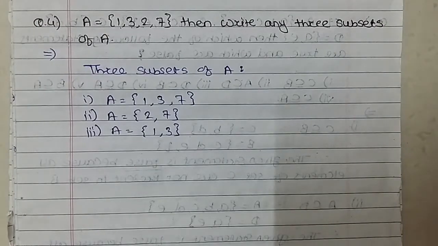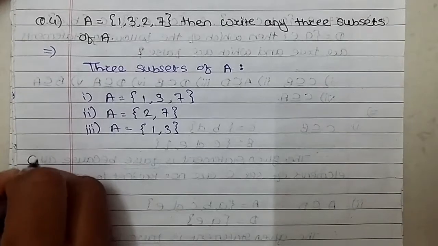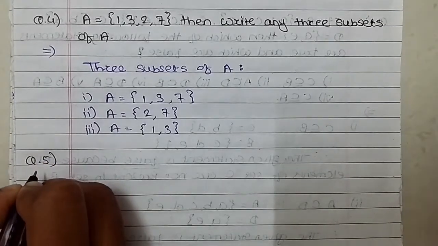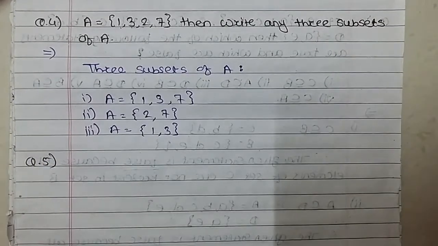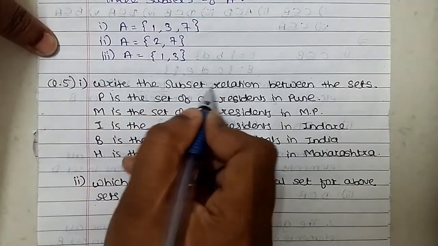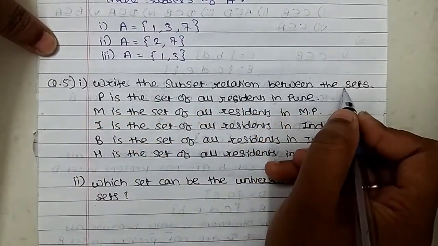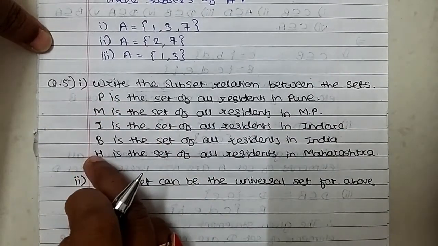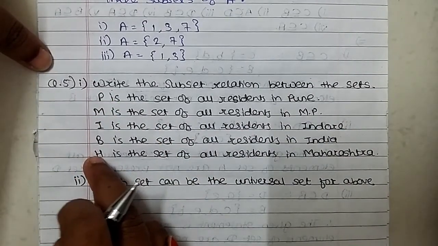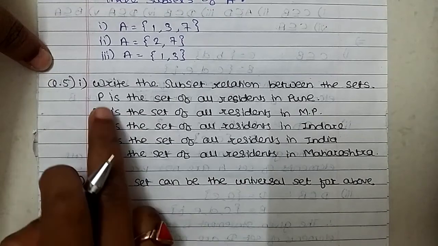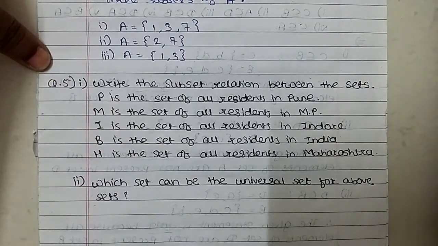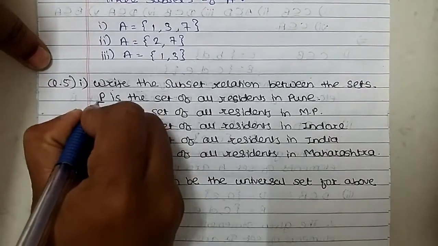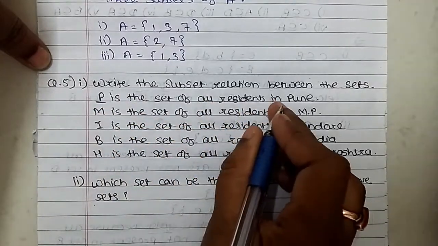Then question number 5. Write the subset relation between the sets. There are some sets provided here, and you want to show which is the subset of which one. P represents the set of all residents in Pune.